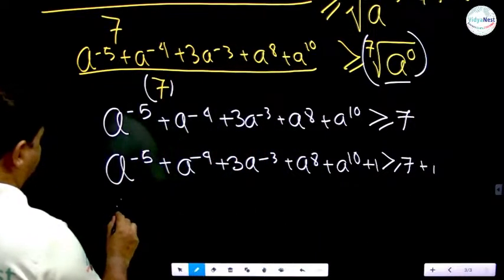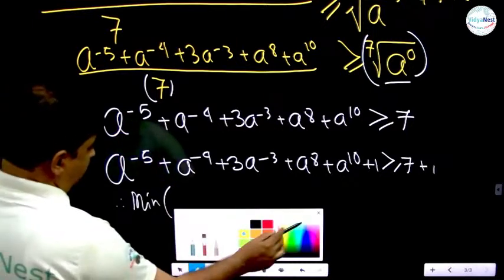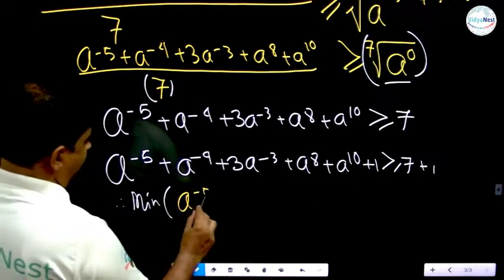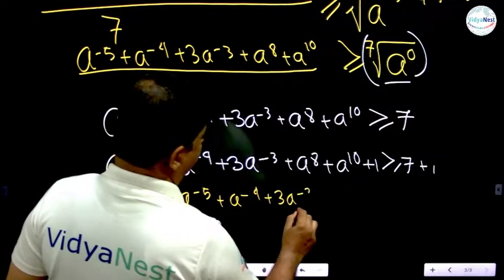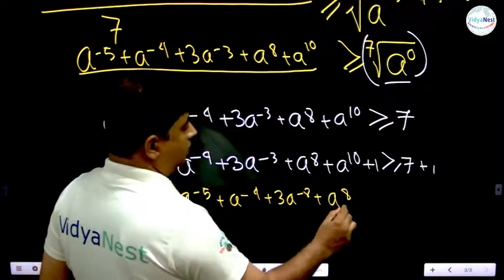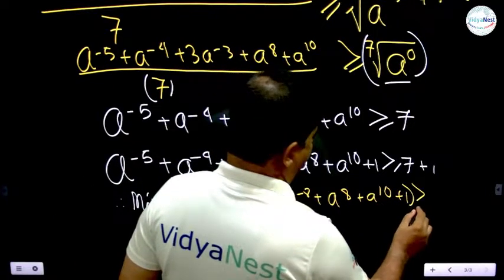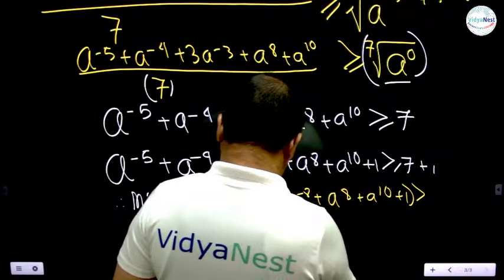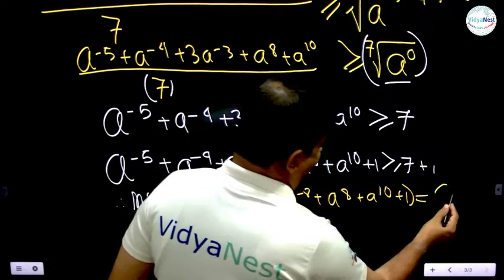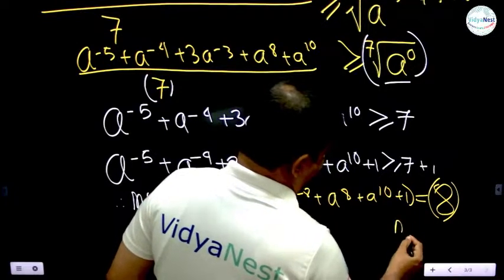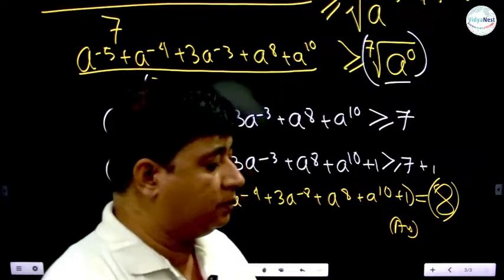So the minimum value of the summation, meaning addition, is nothing but 8. That is the answer. Is it that much of tough? No, sir.